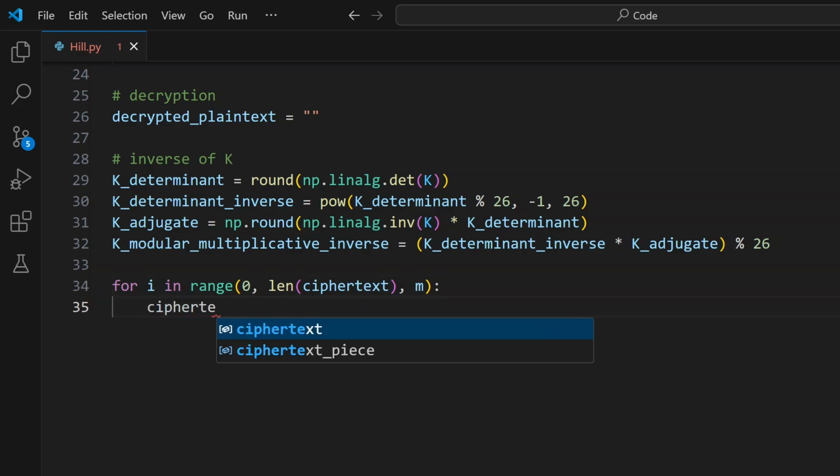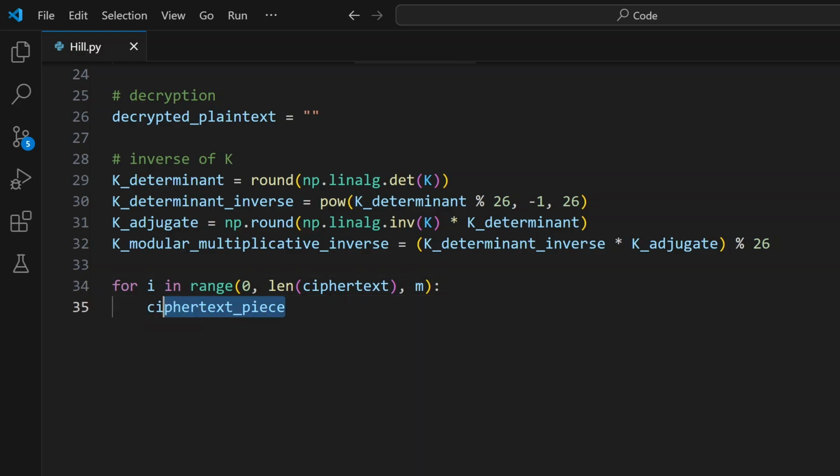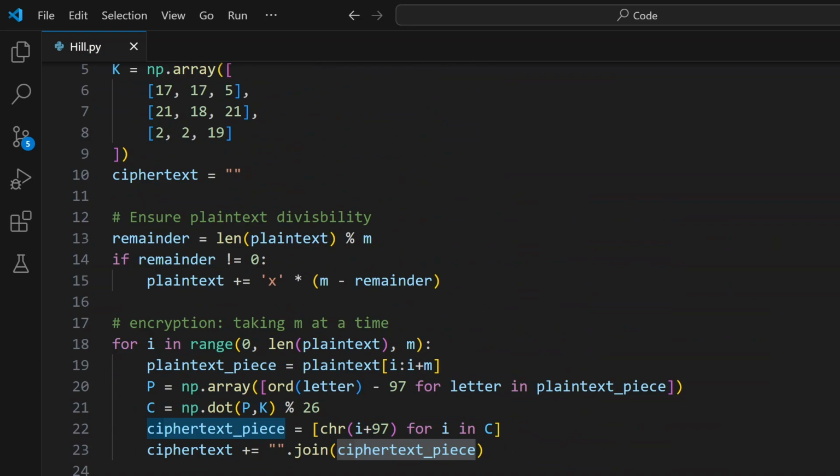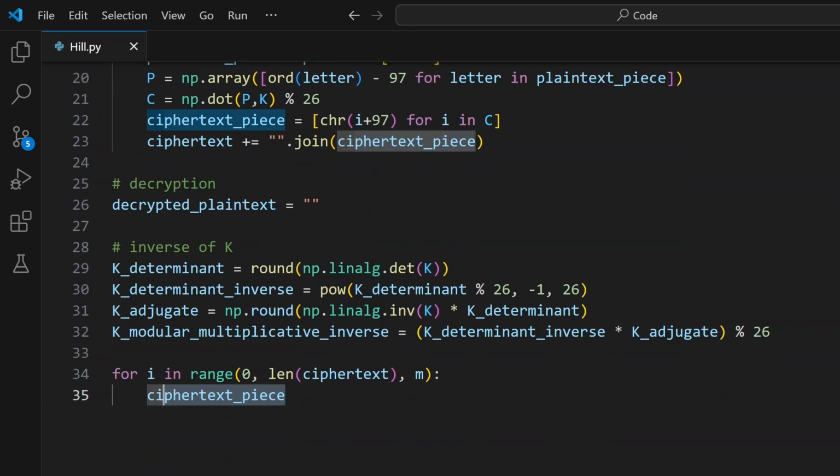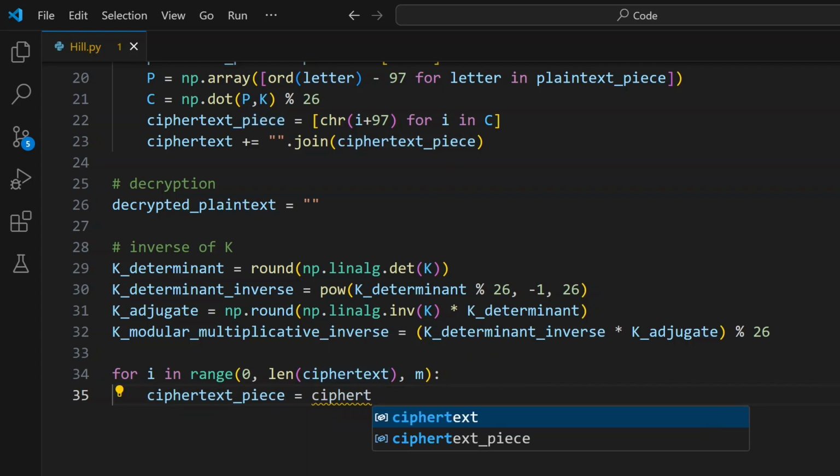Once again, we're going to define ciphertext piece, and this doesn't affect the one there because they're in two different scopes. Once you start the for loop, this is a different scope and it doesn't have access to that other one. And then we're going to take a piece of the ciphertext like this.